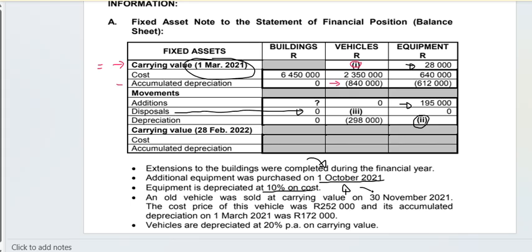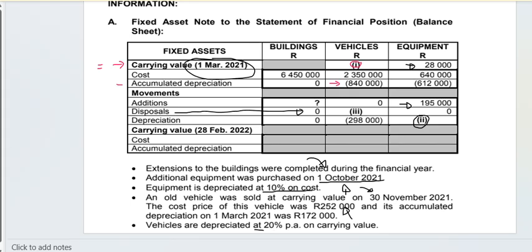We will use the date for the calculation of the depreciation. And then we have the cost price. Accumulated depreciation on 1 March is 172,000. Then the depreciation rate is 20% per annum.